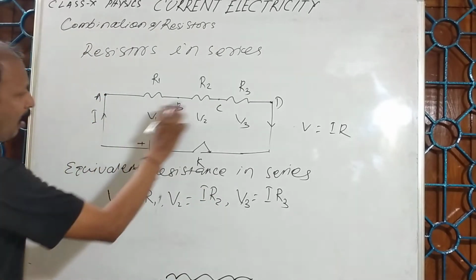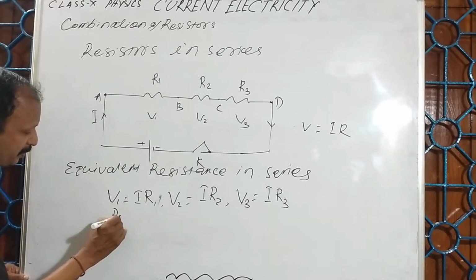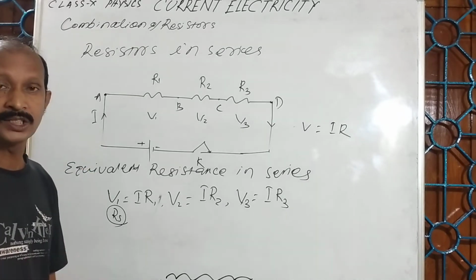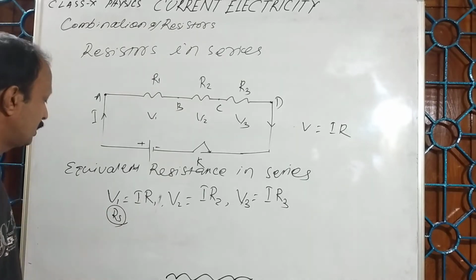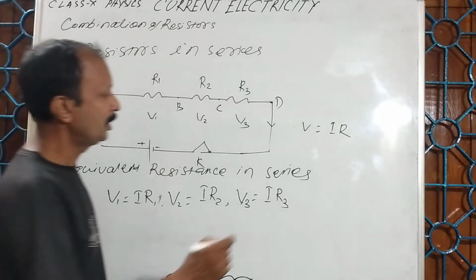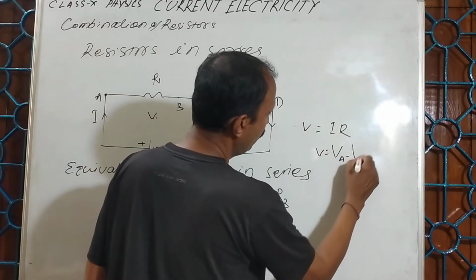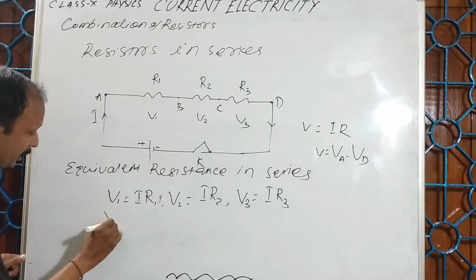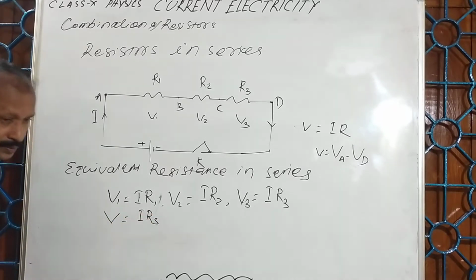Suppose now the circuit is in series connection. Let RS be the equivalent resistance in series. Then if V is the potential difference between the points A and D, I can write that V is equal to IRS.